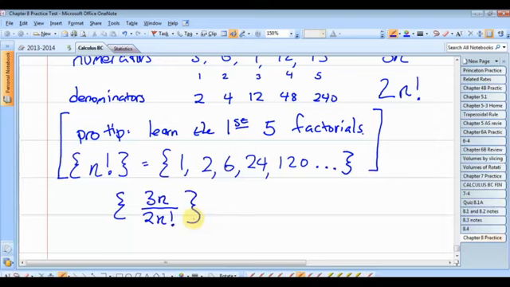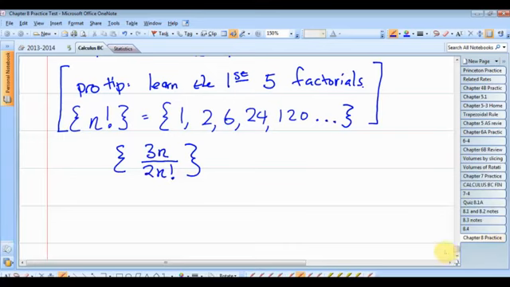Wait, if it's like 4n over 2n factorial, can we just make it 2n over n factorial? Yes, that's okay.